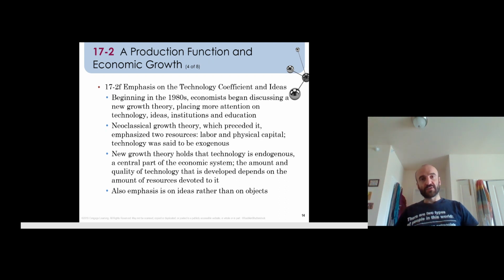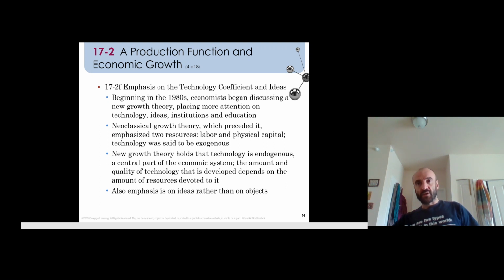So you see, these are some of the main ideas: technology, labor, capital, human capital that contribute to long-term economic growth. There are two generations of theories, or maybe even three generations of theories that explained economic growth.